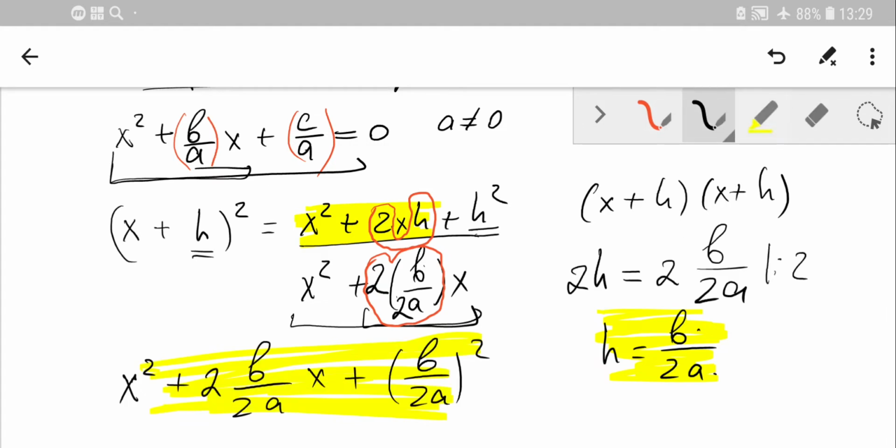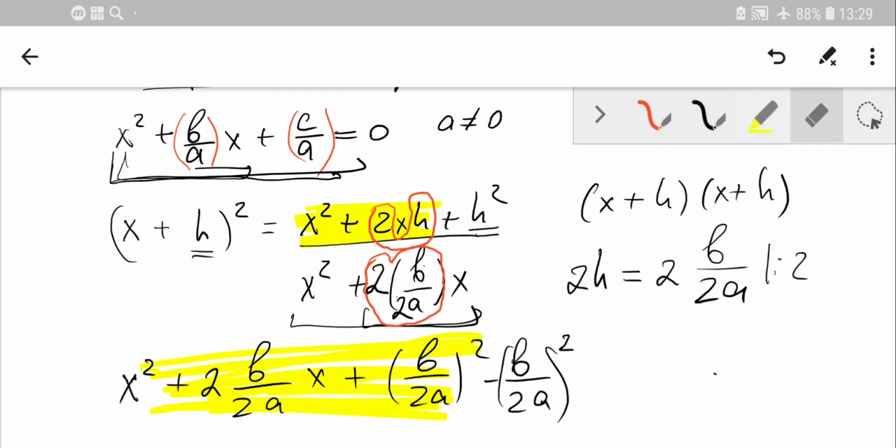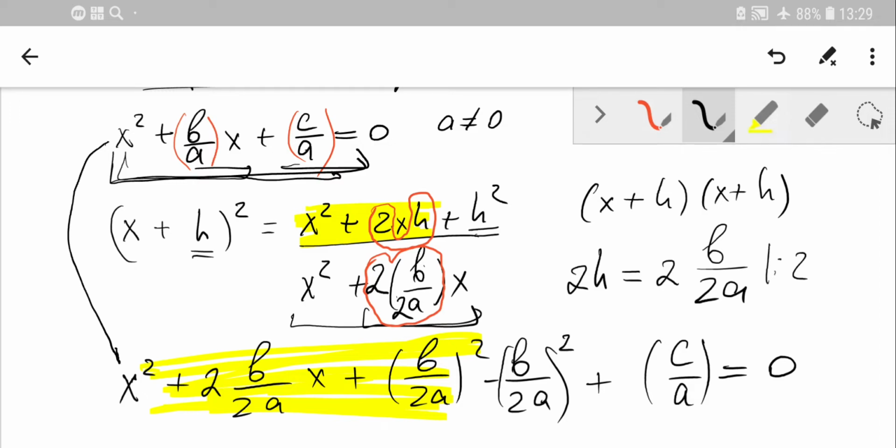But we also need to subtract this term immediately, because we don't want our original expression to change. So we subtract b over 2a squared. I'll erase that to have space. And we also need to add the c over a term, the last term that we have. Now we have the rearranged expression, and at the bottom part you have the completed square.